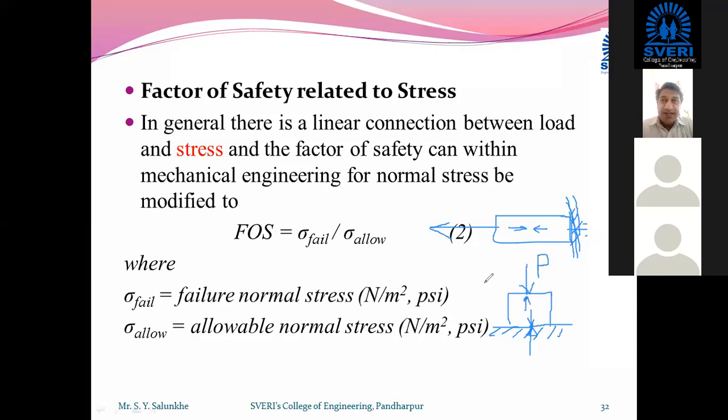So the first example is of tensile stress, the second example is of compressive stress, right? This stress generation, or the sustaining of that stress, depends upon the property of that material. That is nothing but the molecular attraction and bonding of those molecules.